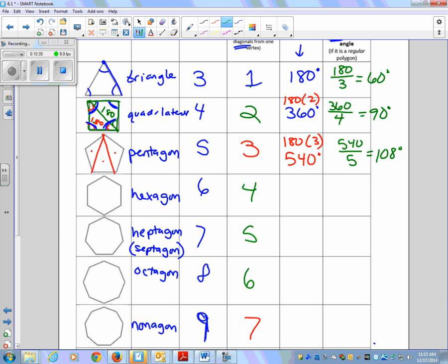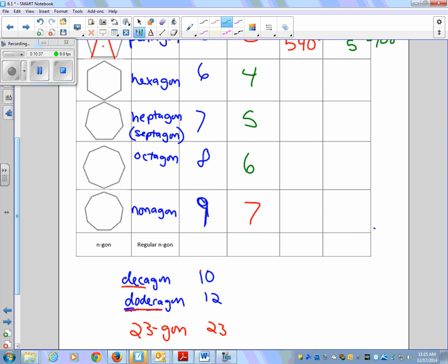Let's look at the last row here. A regular n-gon, we're going to say, has n number of sides. What expression could we write here in terms of n for the number of triangles formed? What's the pattern from this column to this column? What do you do every single time, Lauren?